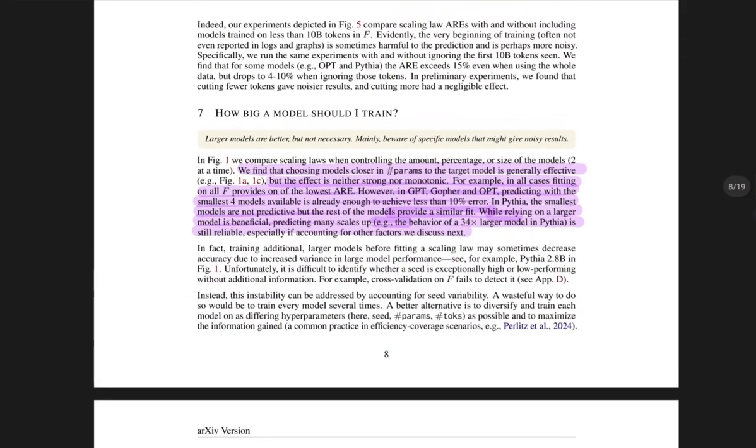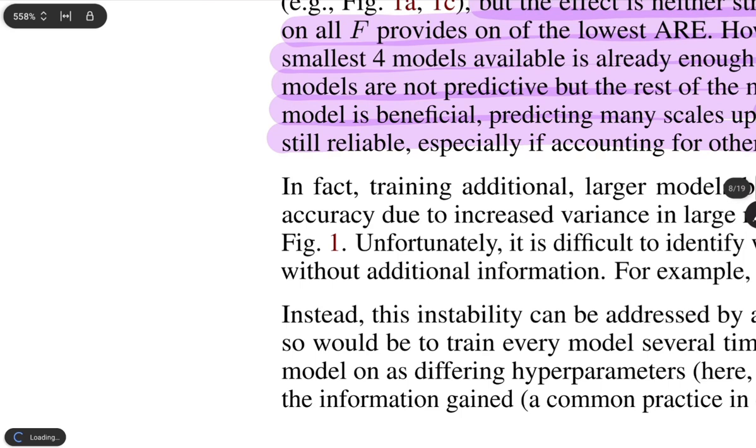Now, next, how big a model should I train? Larger models are better, but not necessary, right? Mainly beware of specific models that have given noisy results. So I'll give you an example. I think Microsoft did this a few years back, maybe 2 years back. They released a model called Phi-2, I think. Yeah, Phi-2.